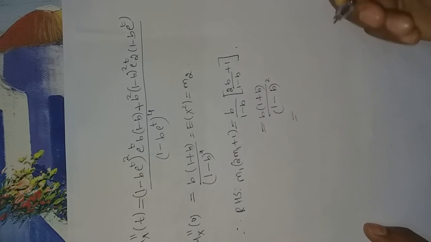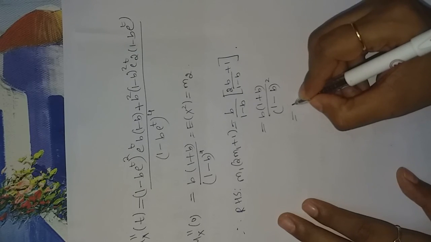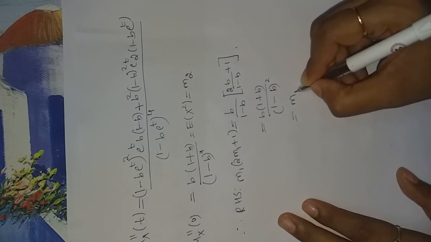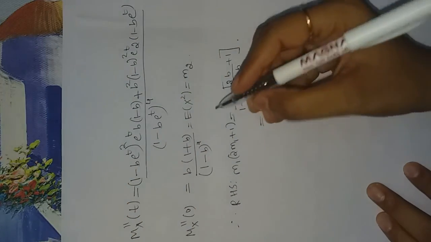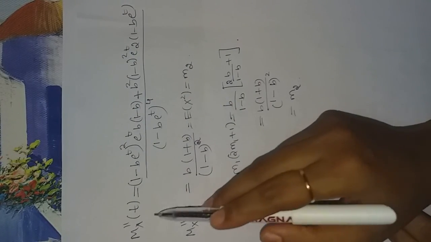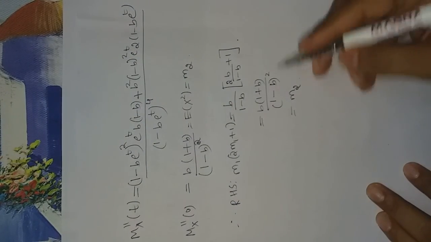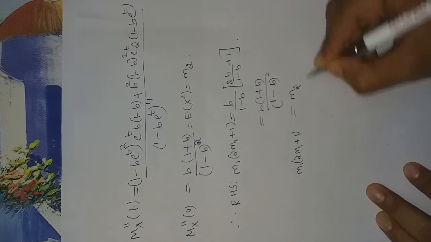So this is nothing but m2. So here it is 1 minus b whole square, on substituting t equal to 0 in Mx double dash of t. So we get the required thing, m1 into 2m1 plus 1 is m2.